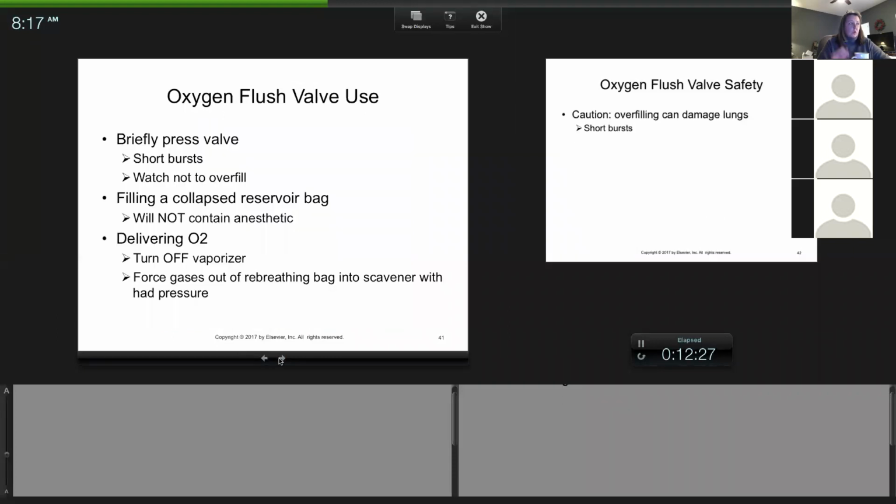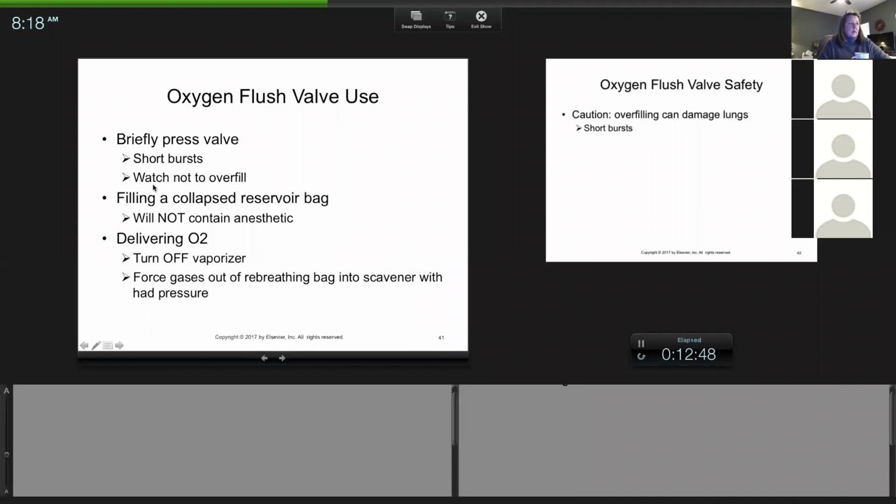Make sure you do only short bursts, and you never want to hit it where your bag gets too full. If you have a rebreathing bag that's really stretched out, that's putting excess pressure in the system, and you don't want to do that. So short bursts.